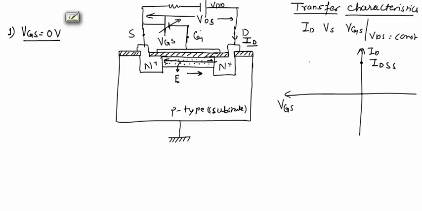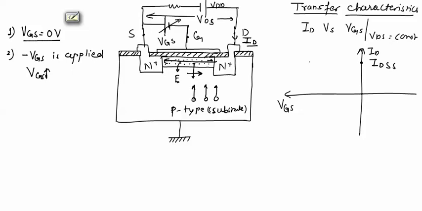Now we will increase VGS. Negative VGS is applied. With increase in VGS, as we saw in MOS capacitor, when negative voltage is applied, the holes in p-type substrate will be attracted in the channel, and due to these holes there will be a possibility of recombination of these electrons and holes.